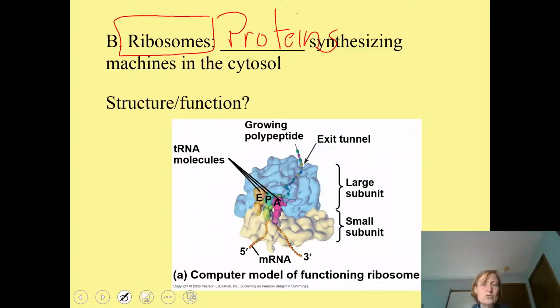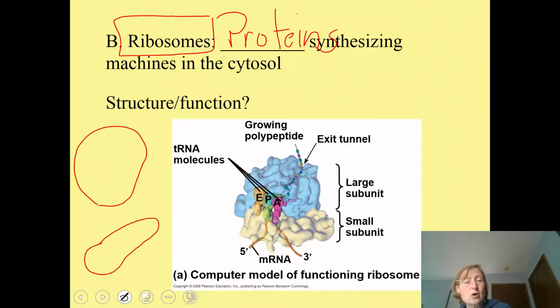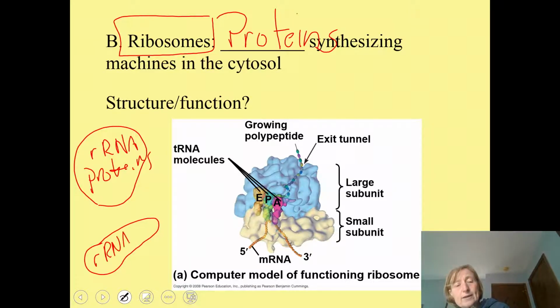So we need to look at their structure, and we need to look at how they can be involved in making our amino acid chain, or making our proteins, right? Okay, it turns out that ribosomes are pretty complicated. They're made up of proteins and ribosomal RNA. They're made up of two different subunits, a large subunit and a small subunit, each made up of ribosomal RNA plus proteins.